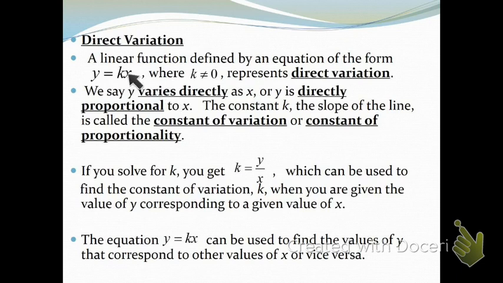So let's get a little vocab here. A linear function defined by the equation of the form y equals k times x, where k is a constant, is a direct variation. And we say y varies directly as x, or y is directly proportional to x.